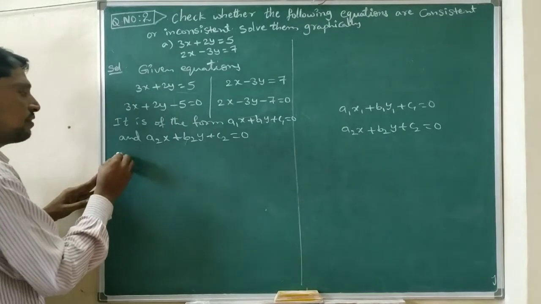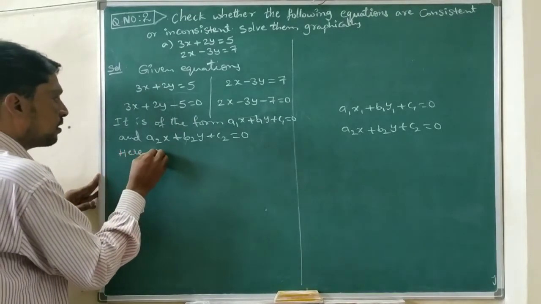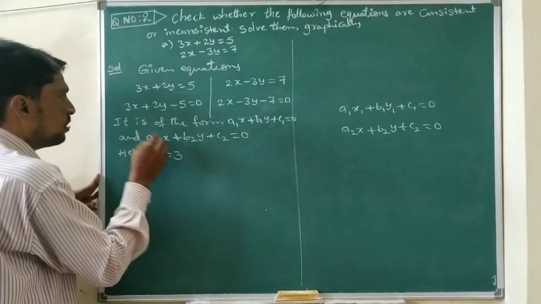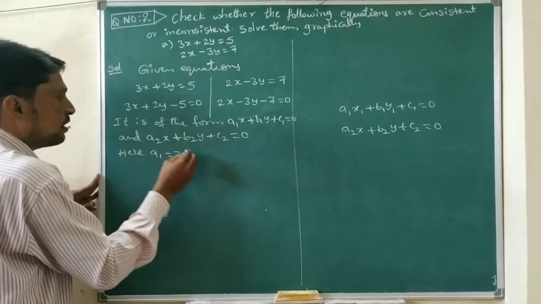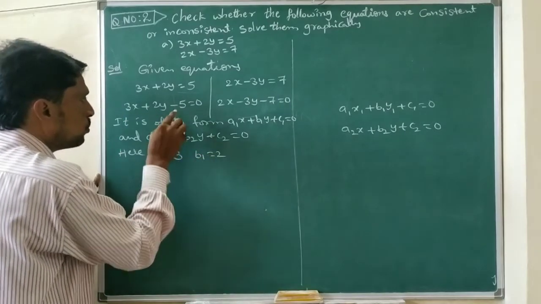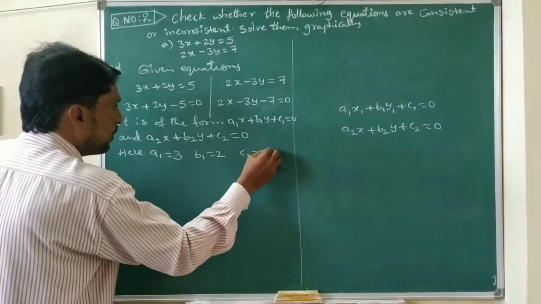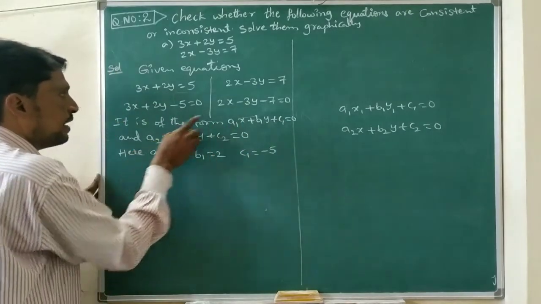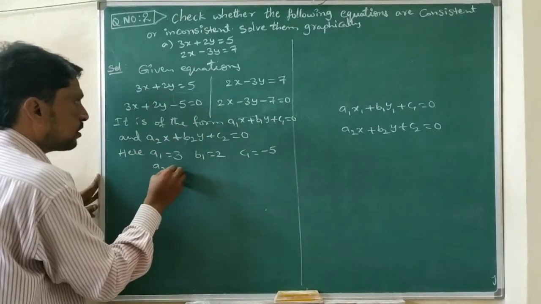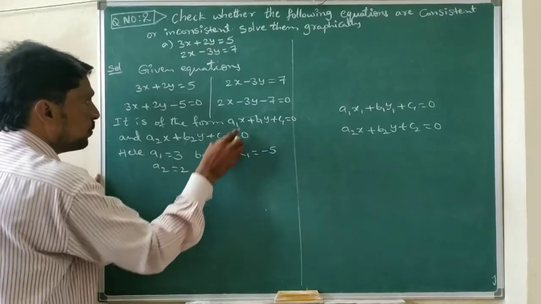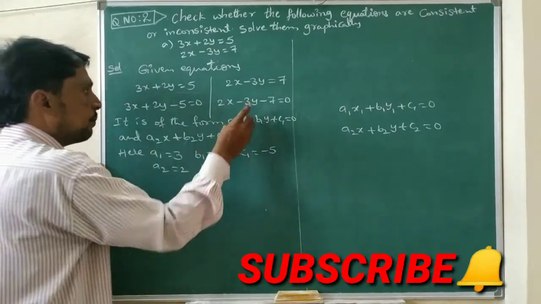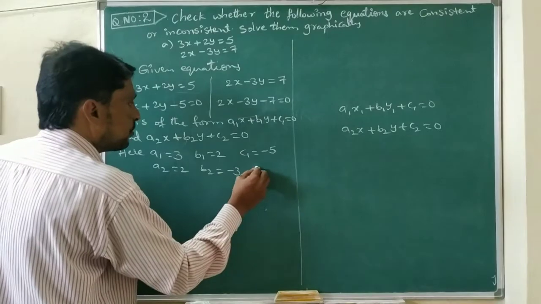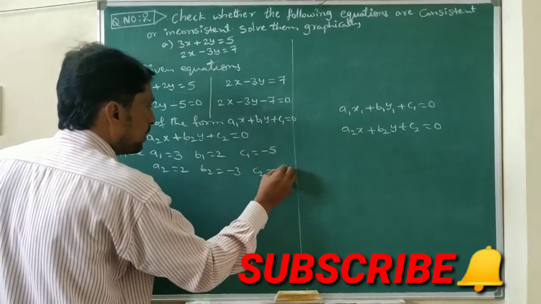So here a1 equal to 3, b1 equal to 2, c1 equal to minus 5. Now a2 is 2, b2 with sign we need to write minus 3, c2 is minus 7.